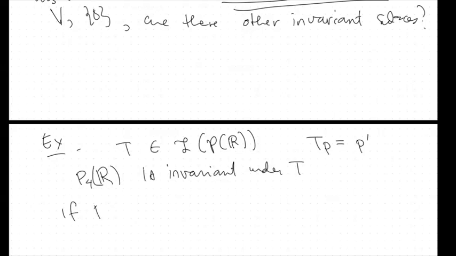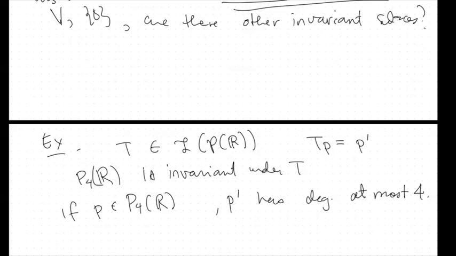Because if P is in P4(R), P prime has degree at most 4. So you take the derivative of a polynomial, for example of degree 4, then the derivative would have degree 3, or lower than 4.